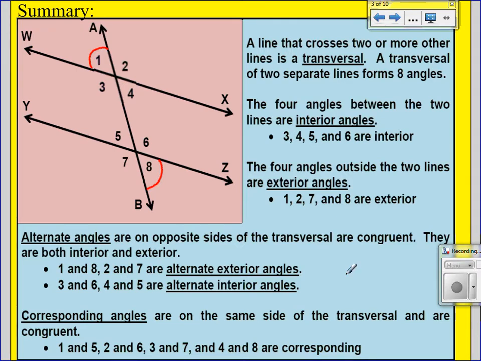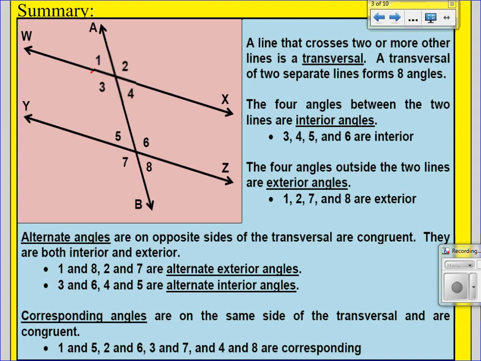Now with my blue marker, I'm going to mark the other 2 angles that are alternate exterior angles. So we have angle 2, and alternate and exterior, the other exterior angle is angle 7. So therefore, angle 2 is equal to angle 7. So that's how alternate exterior angles work. Alternate interior angles, same idea.